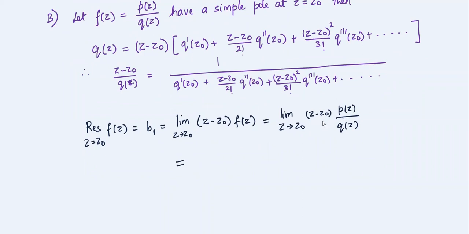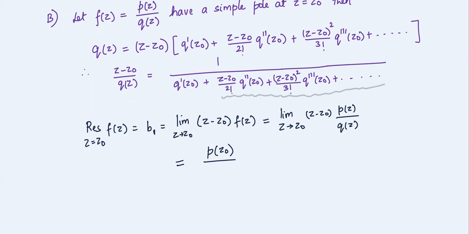Now, as z tends to z naught, p of z becomes p of z naught. And z minus z naught by q of z will be this expression. When you apply the limit z tending to z naught, all these terms go to 0.